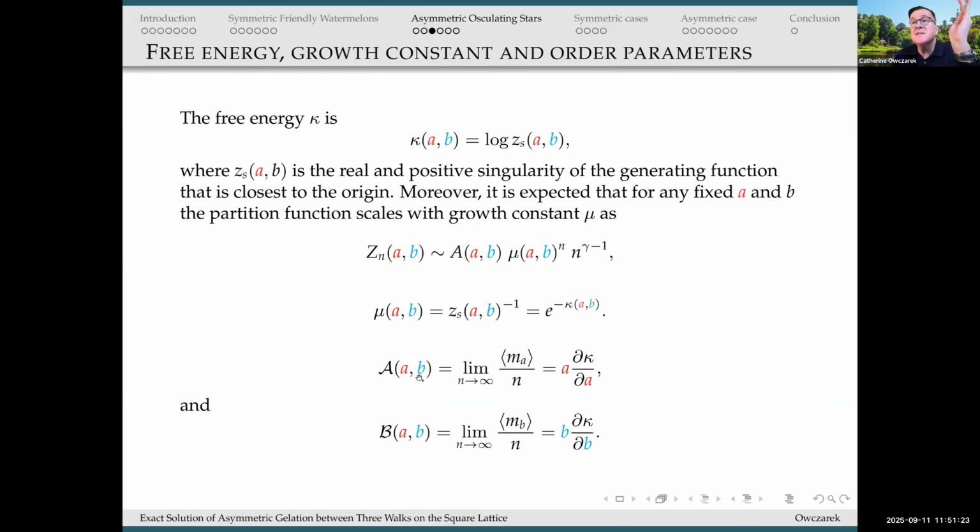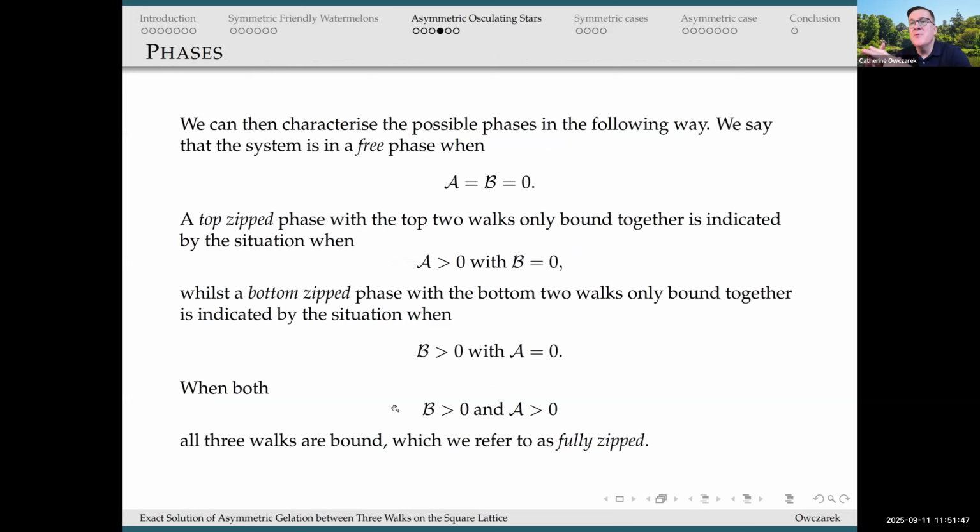And to get an idea of what the phases are, I define these two order parameters, calligraphic A and B, which are the thermodynamic limits of the average number of contacts between the top two walkers divided by n, and the thermodynamic amount of contacts between the bottom two walkers. You could imagine different phases where A and B are both 0, or one of them is 0 and the other one's not. If they're both 0, the three walkers just wander off and don't have that many contacts.